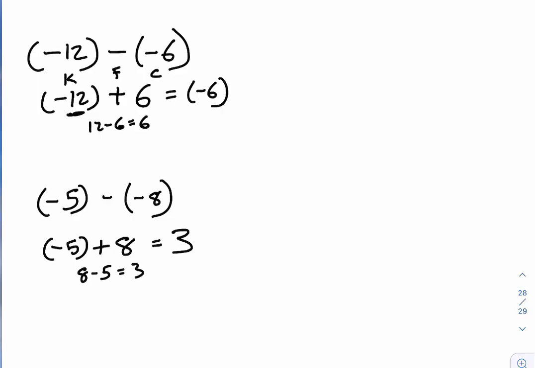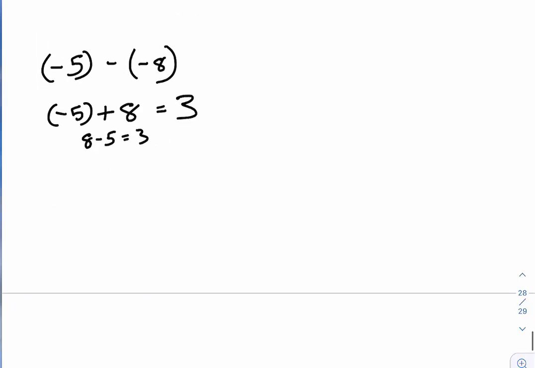Okay, so there's a few examples of this. Nothing changes when there is a negative number first and then we're subtracting something from it. You always keep this first integer the same.